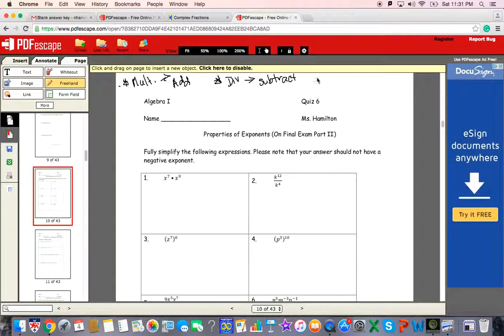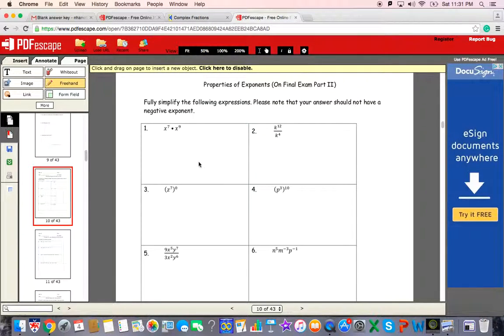And if you are raising a power to a power, so for example, something like this right here, we then have to multiply the exponents. And we spoke about why that is during the year. Hopefully you remember, but if not, you just have to know that that's what has to happen. All right, so some other rules, but those are the 3 major rules that you need to know.